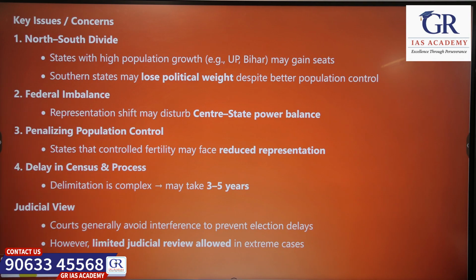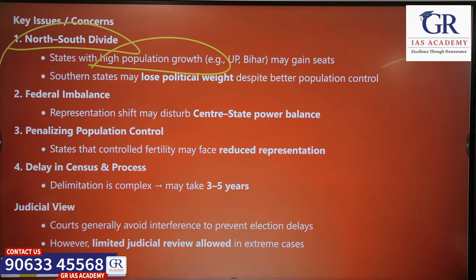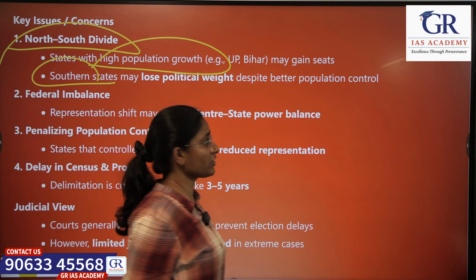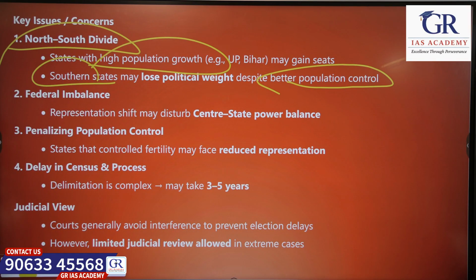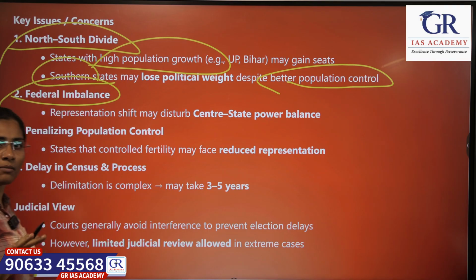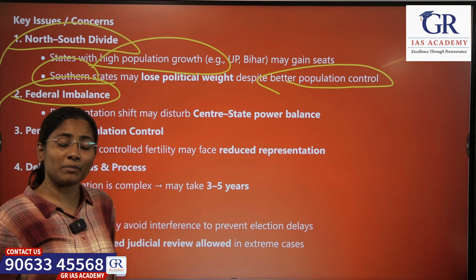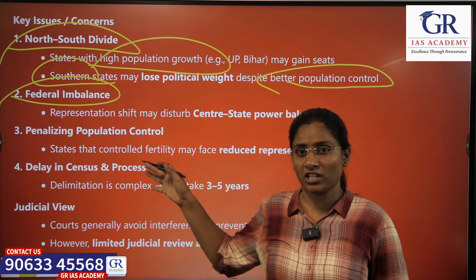So what about the key issues and concerns? The issue is this: the north-south divide. States with higher population growth, that is North Indian states, will get more seats, and southern states will lose because of the population control they have done all these years. This will lead to a federal imbalance. Till now there is a balance between the Centre and the states. What happens because of this delimitation exercise post 2026?